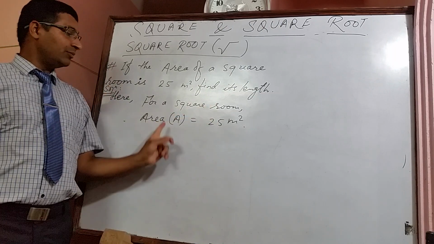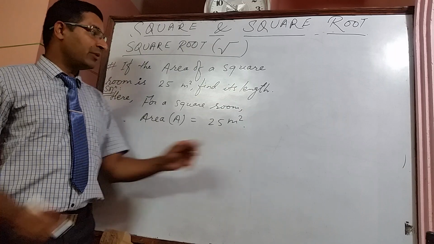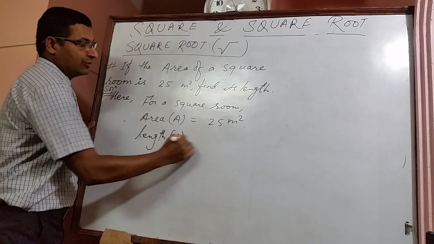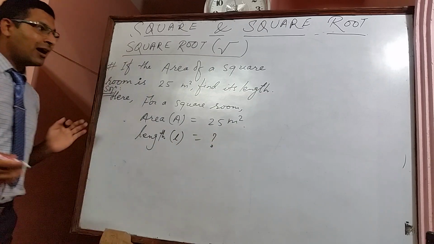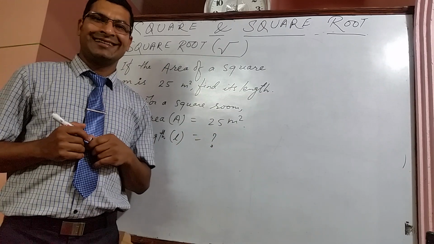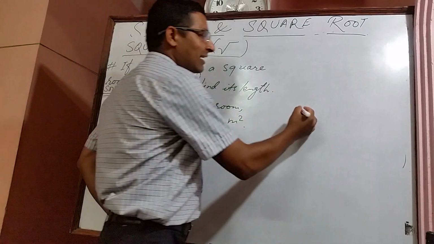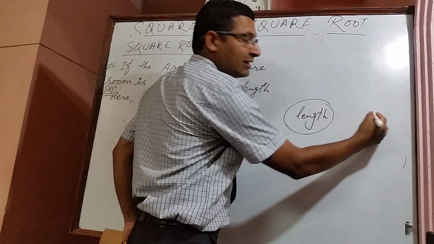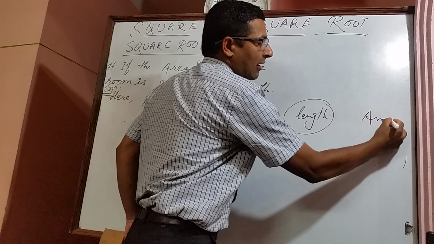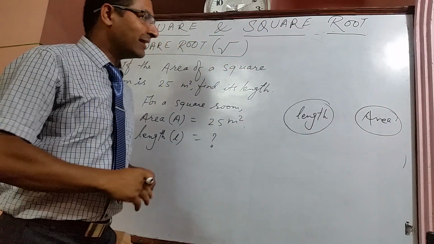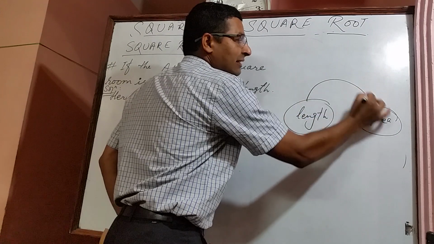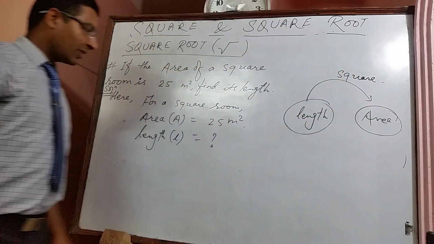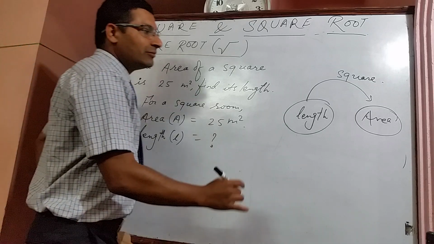For a square room, if the area is given as 25 meters square, we have to find out the length of that room. Please think about it. We already know the relation between length and area of a square: if the length is given, then we find the square.